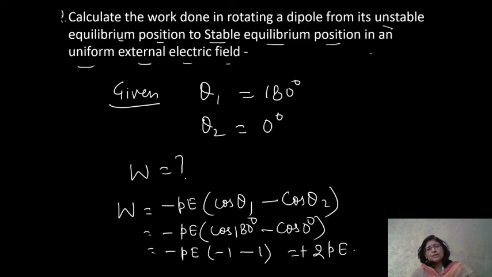Third, what is its stable equilibrium position, and what is its unstable equilibrium position, and some numericals based on the formula. And in the next video, we will do some numericals and conceptual questions based on the electric potential, equipotential surfaces, and potential energy.